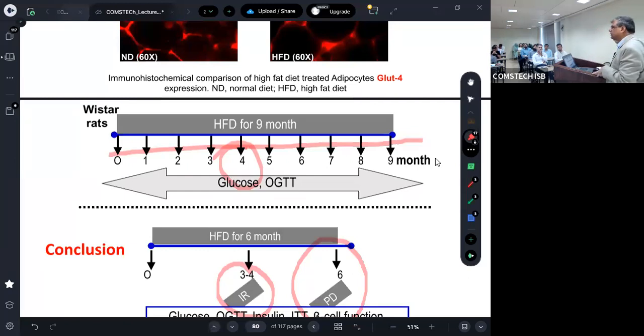If the insulin level goes below this, then it will be diabetes. We found in our cases up to 9 months it is not developed. Then it happens, madam. All obese people don't develop diabetes. Some develop diabetes, some not.